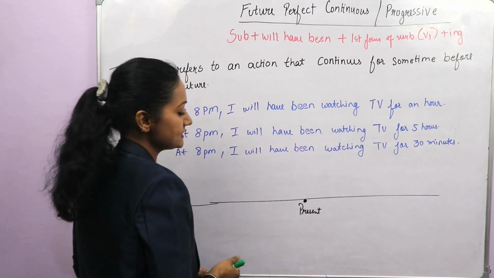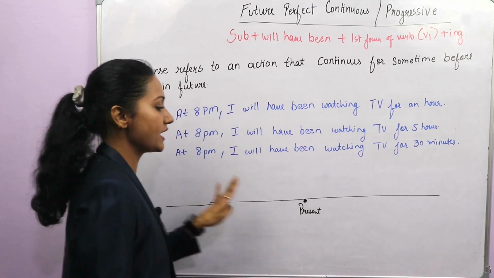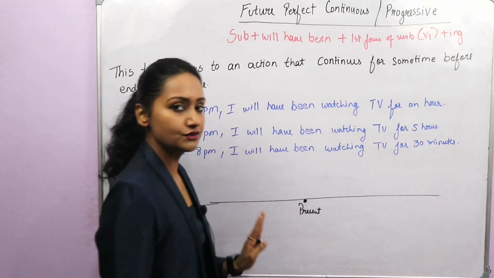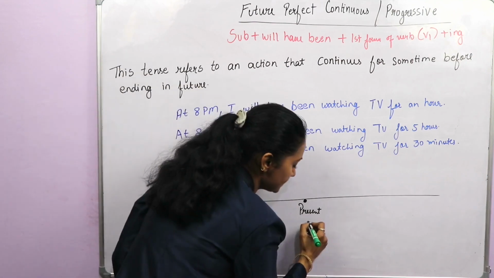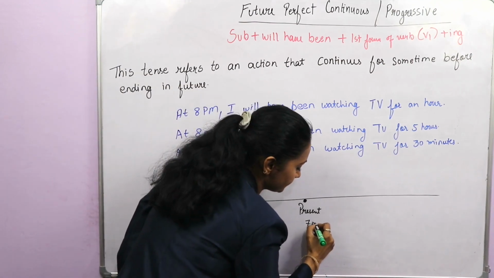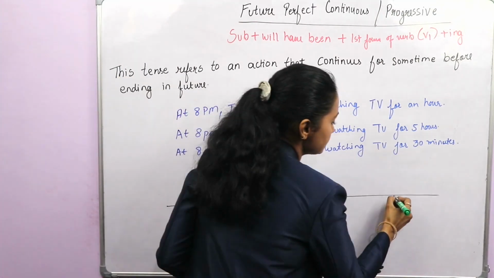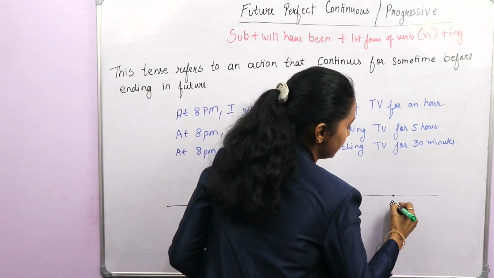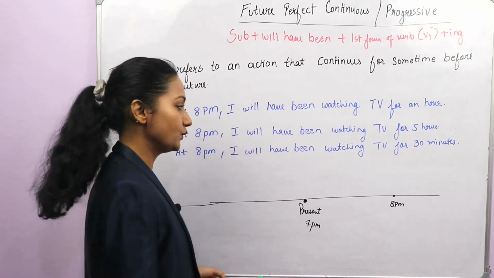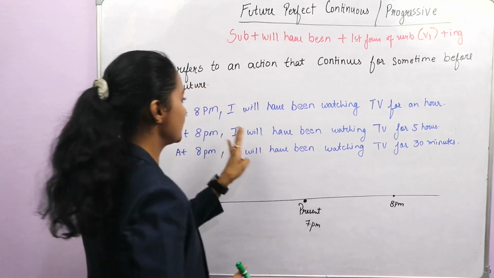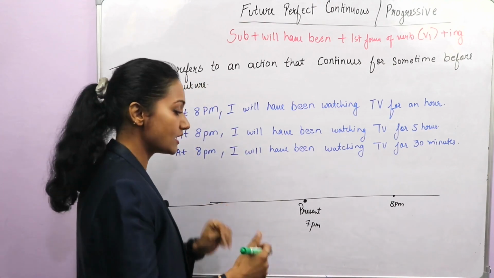This is a timeline. This is present, before present is past, and after present is future. We know that already. Now imagine that right now it is 7 p.m., and this is 8 p.m., a specific time in future. Here what am I saying? That I will have been watching TV for an hour.